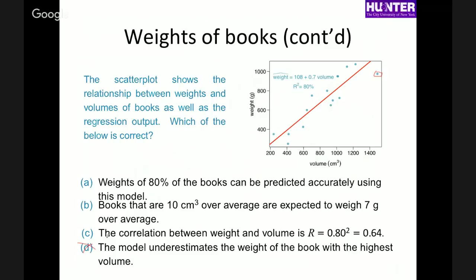Anyone else? Here, maybe I'll make this one a little bigger, we haven't had a whole lot of questions. So how about A, weights of 80% of the books can be predicted accurately using this model? How about a show of thumbs? Give me a thumbs up or a thumbs down.